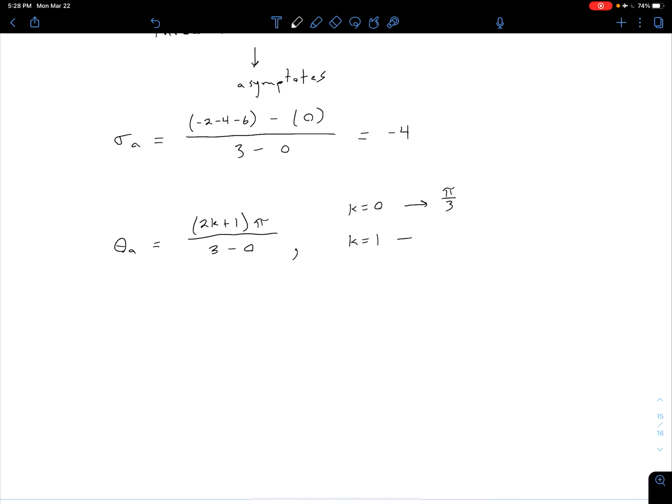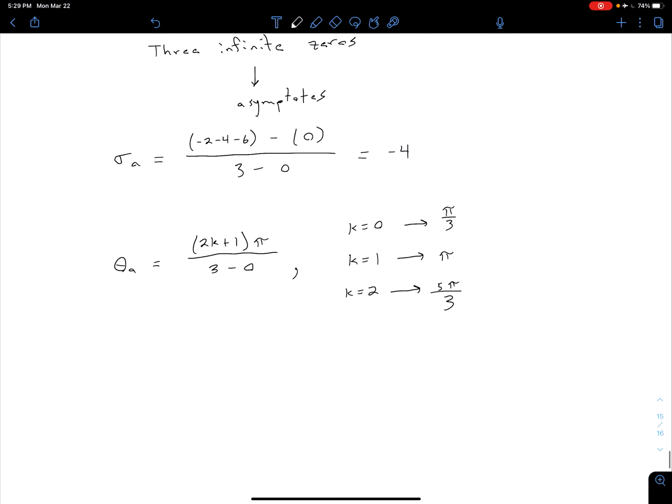For k equals 1, we get an angle of pi. And for k equals 2, we get an angle of 5 pi thirds. As we keep incrementing k, we get the same angles, just plus 2 pi, or plus 360 degrees. So higher k just results in the same angles.